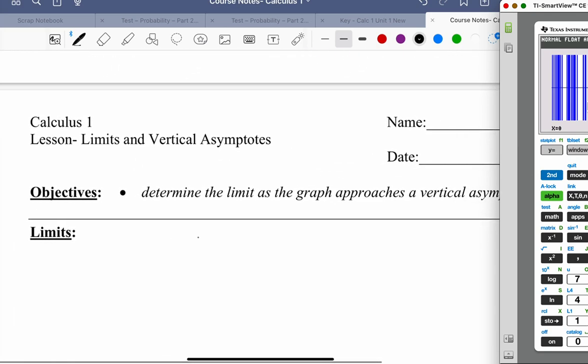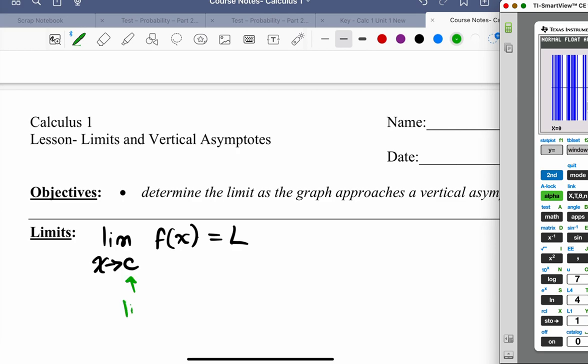So start off with the structure of a limit. All right, so we have the limit as x approaches c for some function of x, the result of which is L. All right, so this is what we call the limiting constant.